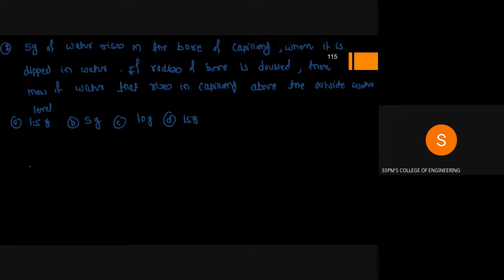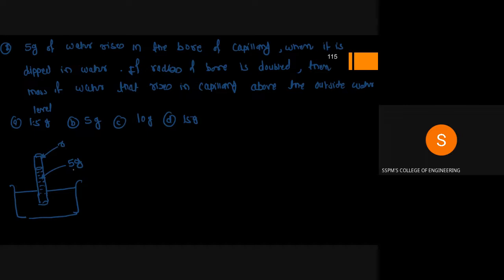Okay. So what is given? The capillary tube is immersed in the water. This is the water level, and this is the rise of the water in the capillary tube. So this liquid has mass 5 g. Now suppose the initial radius of the bore is r.